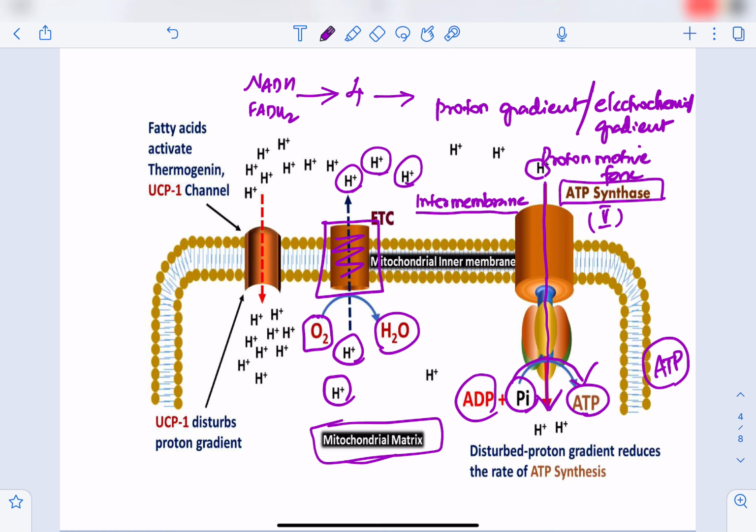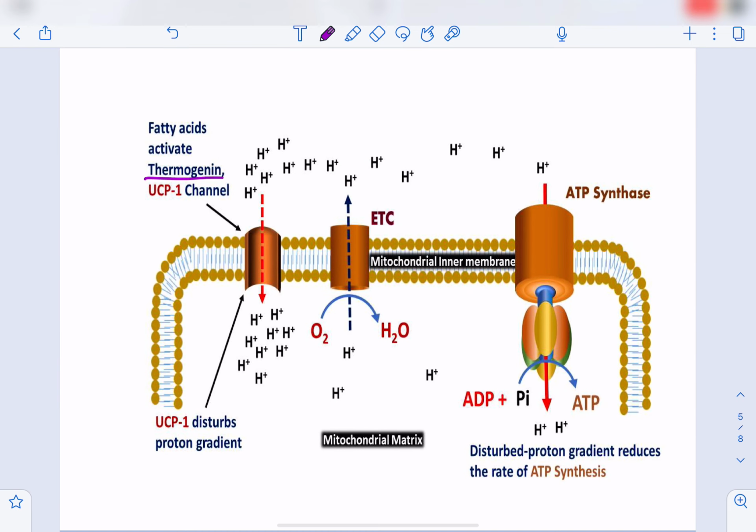If it is dissipated through some other transporters or channels, the energy is still liberated, but as heat, and ATP synthesis is not established. That is why uncouplers uncouple oxidation from ATP synthesis or phosphorylation.